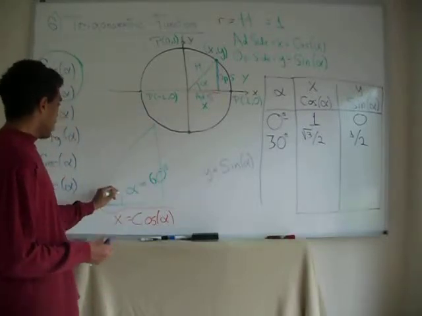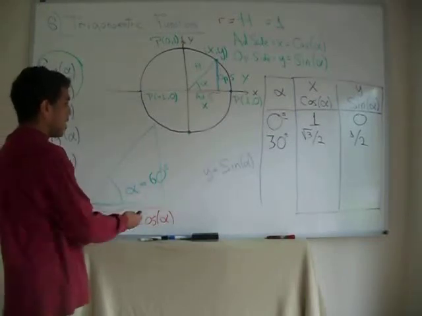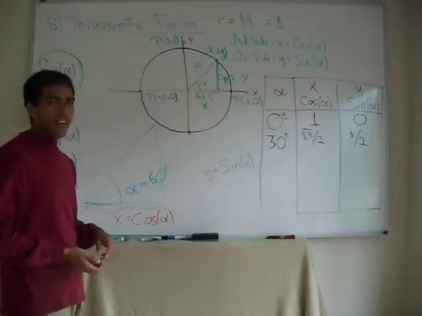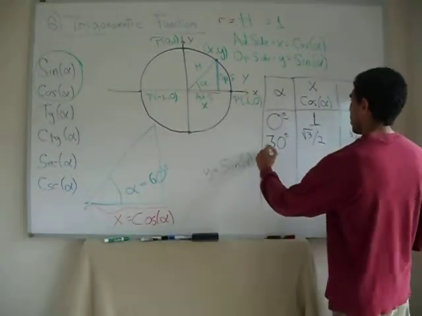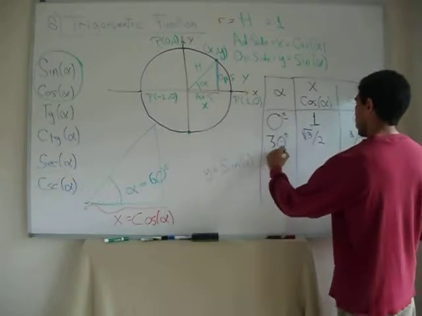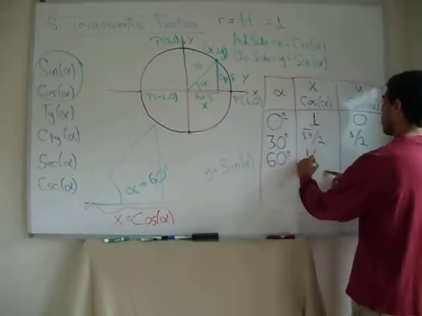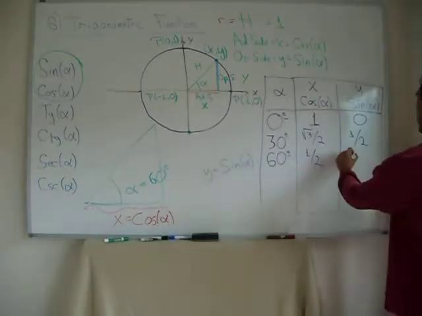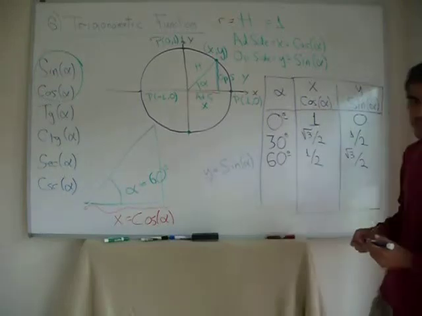So as you can see, x gets smaller and y gets bigger. For alpha of 60 degrees, x is going to be 1/2, and y is going to be square root of 3 over 2.